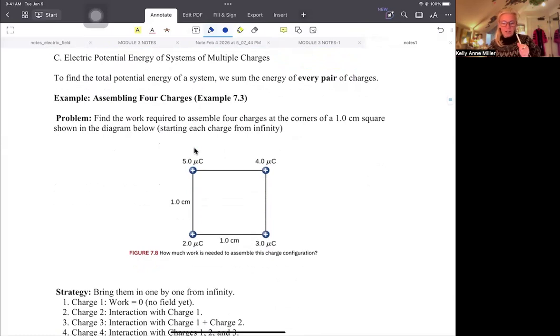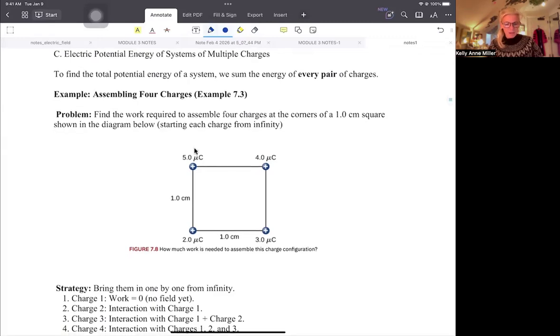We've got basically a square, and they're all positive charges, and each of the sides of the square is 1 centimeter. We want to know how much work is required to assemble this charge configuration.